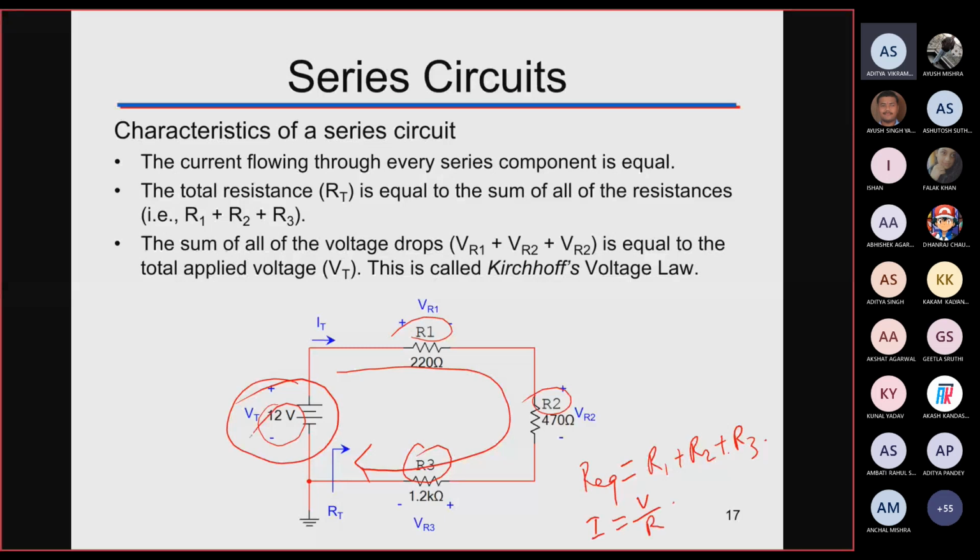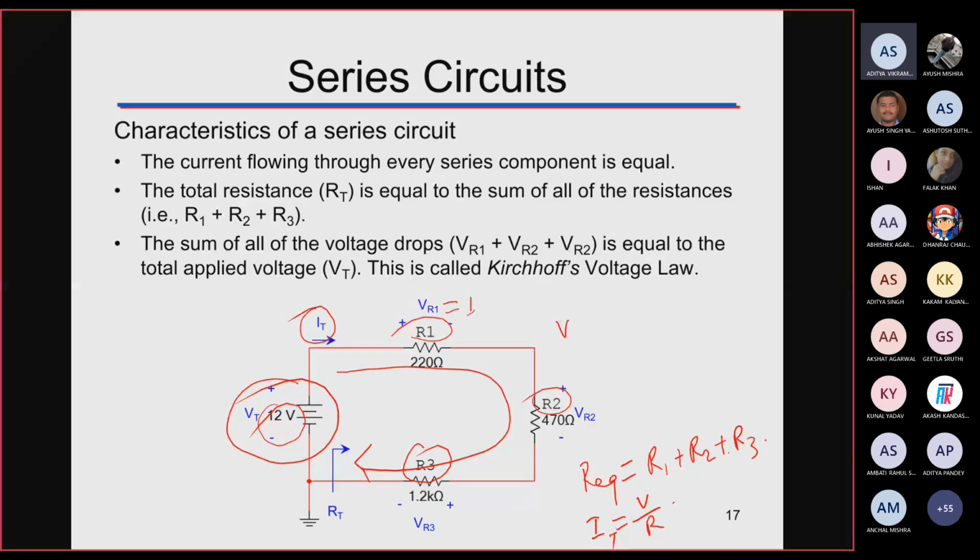Now after calculating the value of this total current IT, we can now calculate the voltage drop across each resistor, right? Because the value of resistor R1 is known, that is 220 ohm. So VR1 will be simply equal to IT into R1.